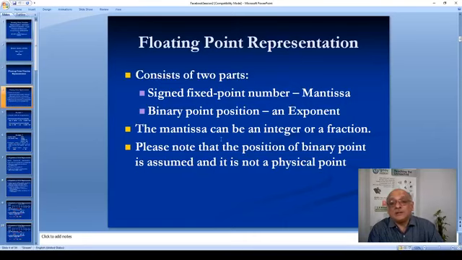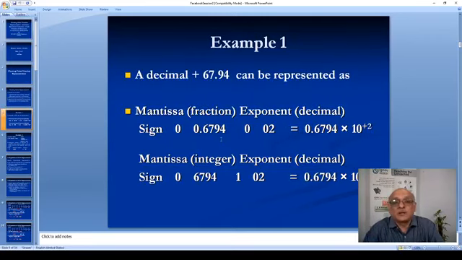It is just an assumed situation. Most of the time, when representing a floating point number, we assume the position of the binary point is before the number, and that makes it a fraction. So decimal number, this is what it is.